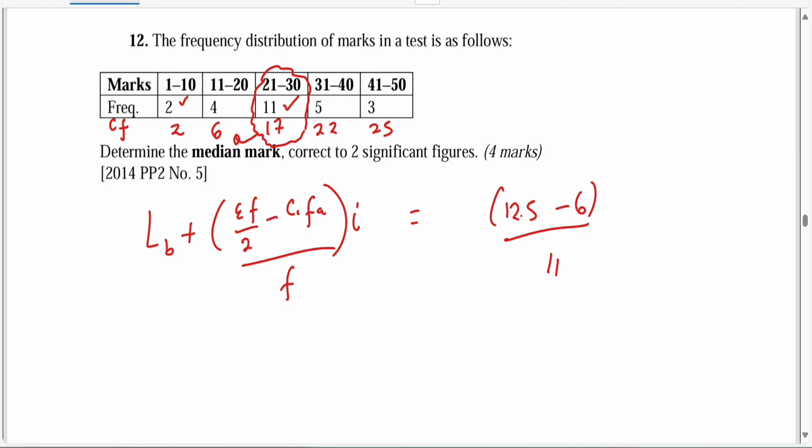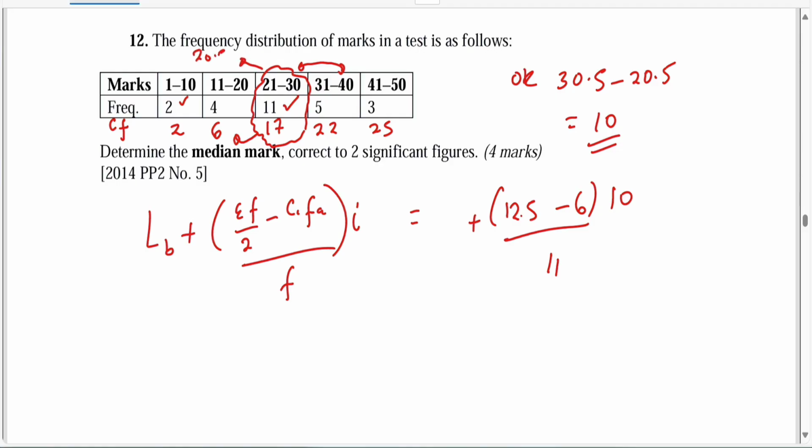So for the class 21 to 30, you can take 40 minus 30 which gives 10, or take the upper boundary 30.5 minus the lower boundary 20.5. The upper boundary adds 0.5 and the lower boundary subtracts 0.5, which still gives us 10. So times 10 plus our lower boundary, which is 20.5.